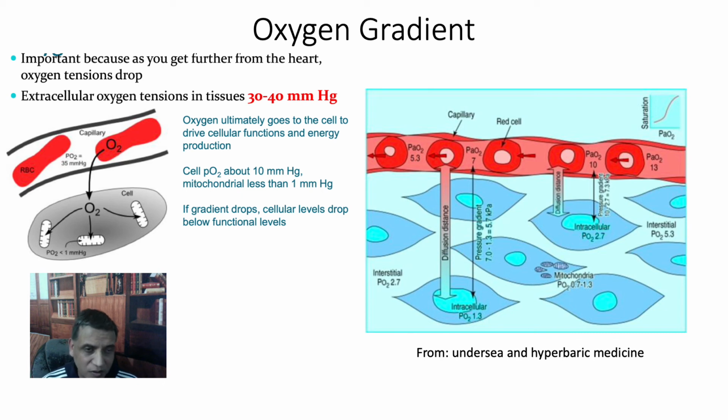On the right-hand side, another illustration in a different animal model, the effect of distance. Oxygen tension in the intravascular space is about 10 millimeters of mercury. In the cells closest to the capillary, it's about 2.7. And a cell further away is 1.3, the effect of distance.